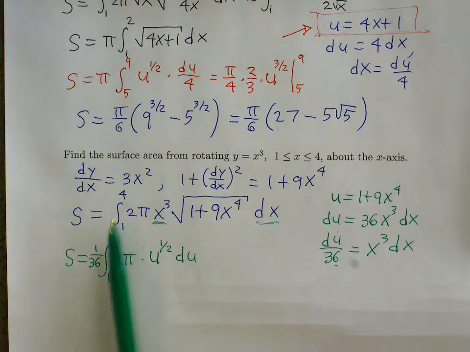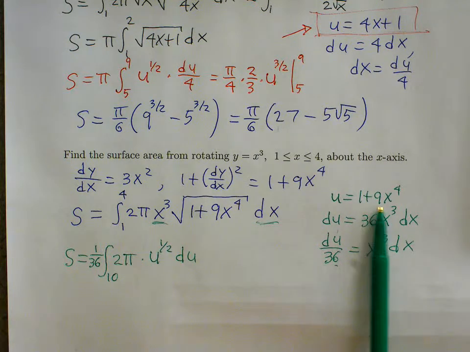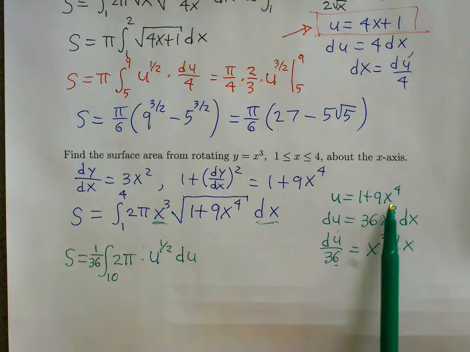And the upper limit, when x is 4, u is equal to 1 plus 9 times 4 to the 4th. So let's see, 4 to the 4th is the same as 2 to the 8th, which is 256, right? And then 9 times 256.